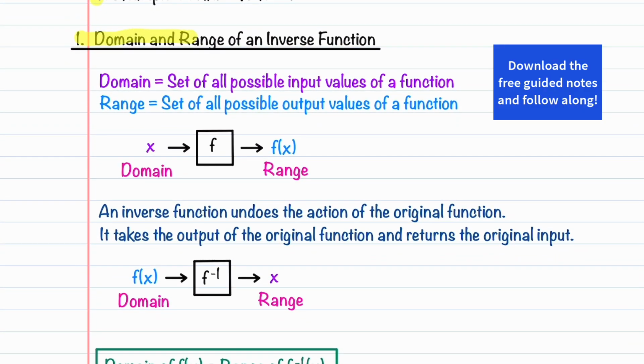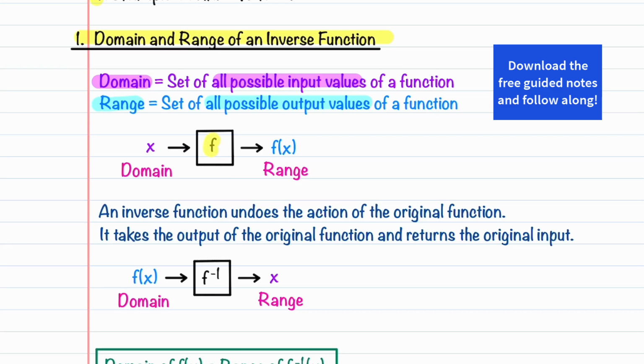Let's begin by going over some steps that you can follow to find the domain and range of an inverse function. Let's start with a quick review of domain and range. The domain of a function is the set of all possible input values, and the range of a function is just the set of all possible output values of the function.